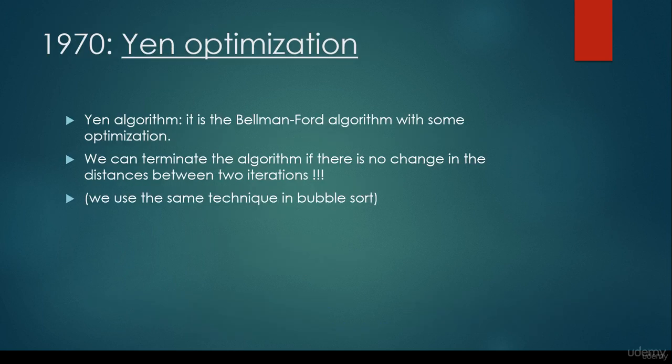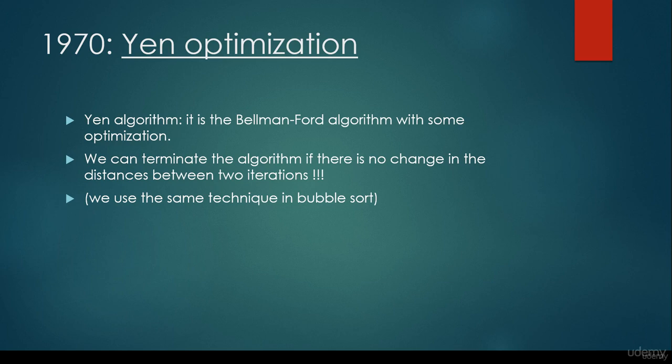We have the so-called Yen optimization. It was invented in 1970. Sometimes Bellman-Ford algorithm is very slow, so it would take a lot of time to finish its calculation, so we can have some optimization. We can terminate the algorithm if there is no change in the distances between two iterations. We have been talking about making V minus 1 iterations, where V denotes the number of vertices in the graph.